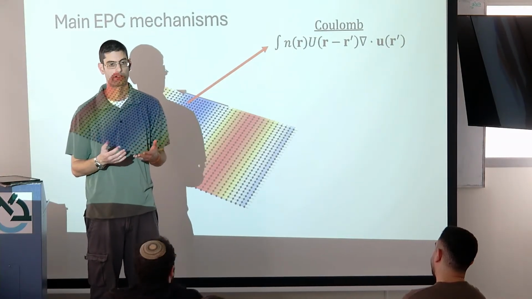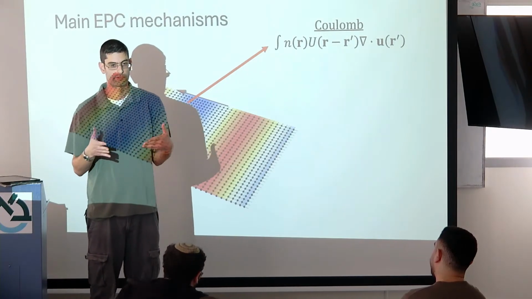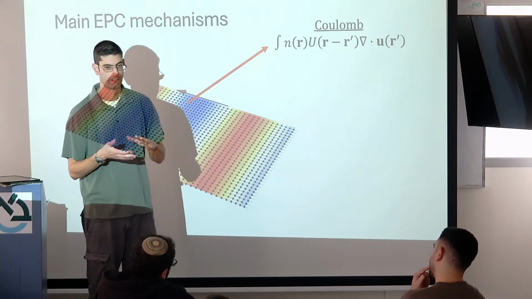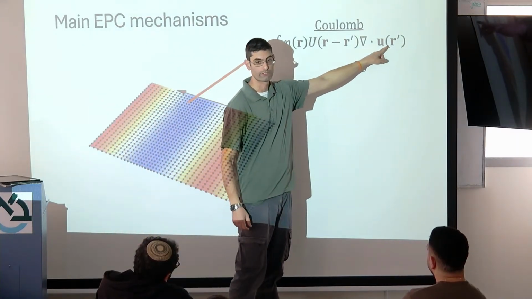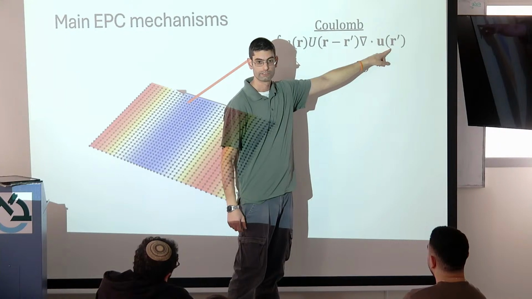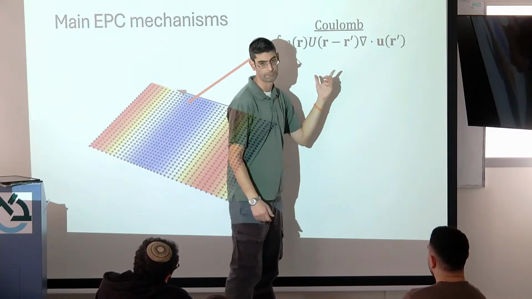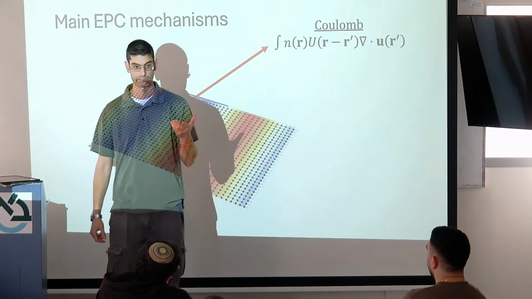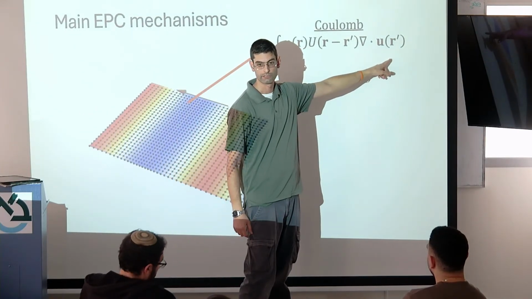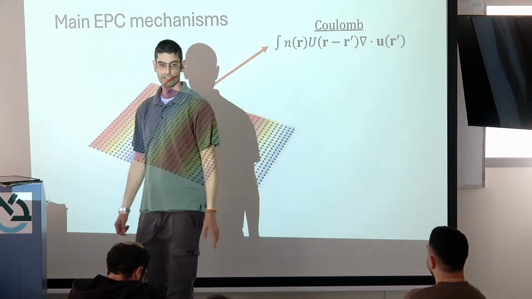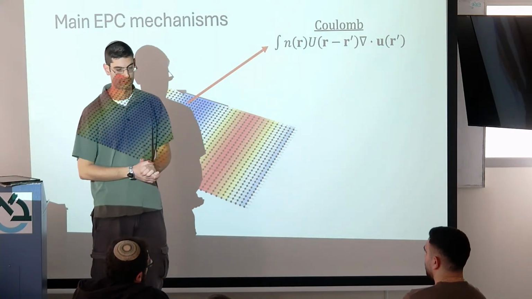I create the charge that's not external, but it's just from the fact that I've pushed my atoms together. Why do I insist that this is the bound charge? Because it has to go as the divergence of u. Okay? And what this means is that this type of thing comes from longitudinal phonons. Phonons where the divergence of the phonon is non-zero.